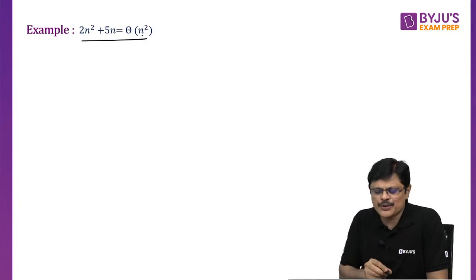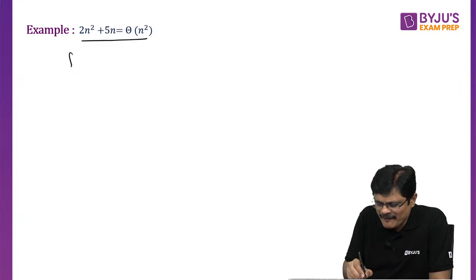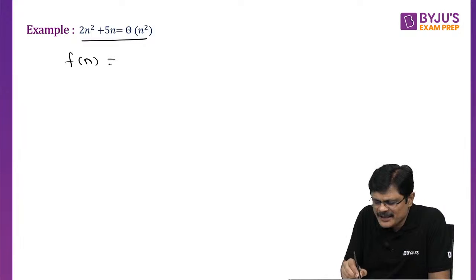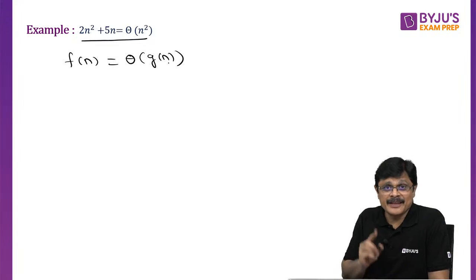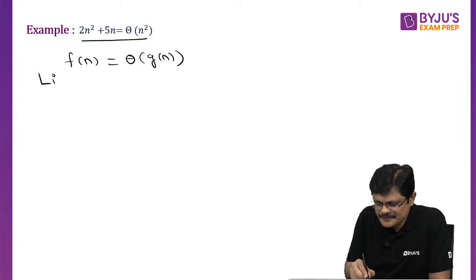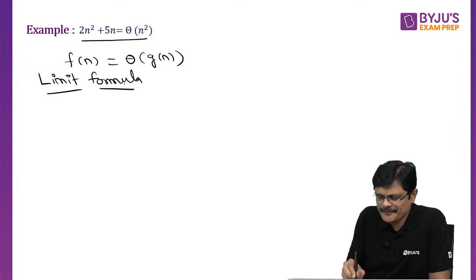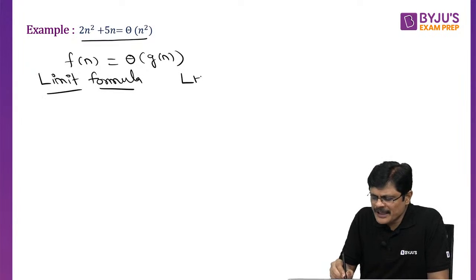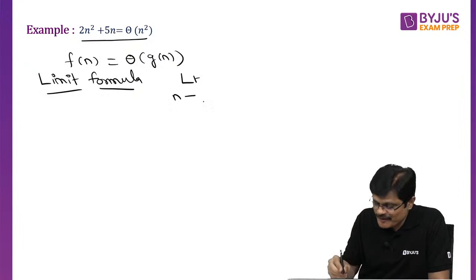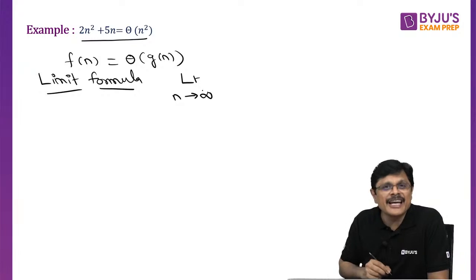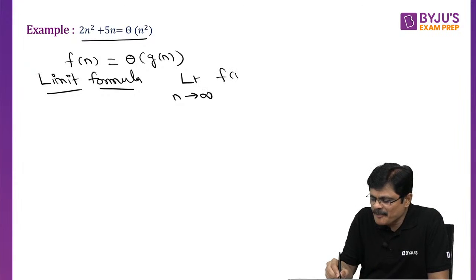I want to prove 2n square plus 5n is equal to big theta of n square. Whenever you want to prove that f(n) is big theta of g(n), remember this limit formula. You take the limit, because we want it for large values of n approaching infinity, of f(n) by g(n).